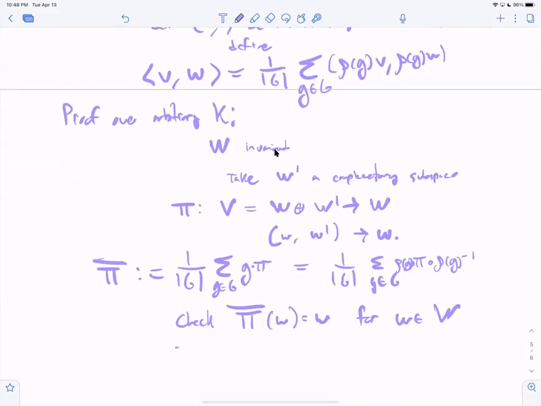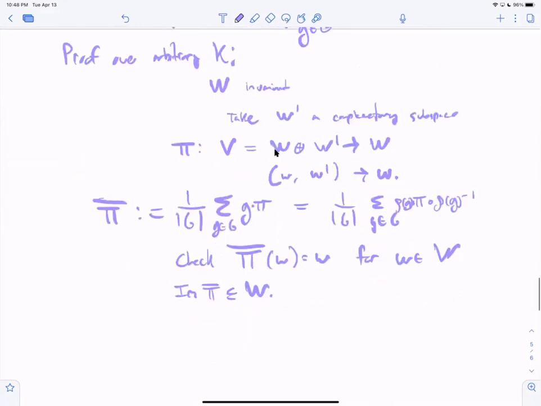And the image of pi bar is still going to be contained in, by this first property, equal to W. So pi bar is a projection operator, and it's a projection operator onto W. So it's a G-invariant projection operator.